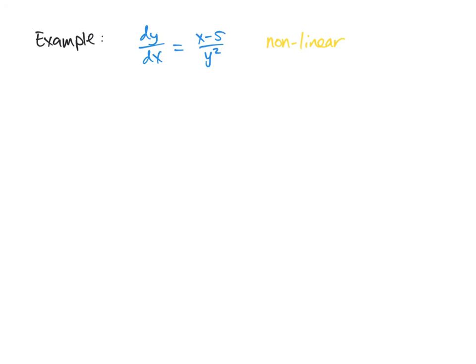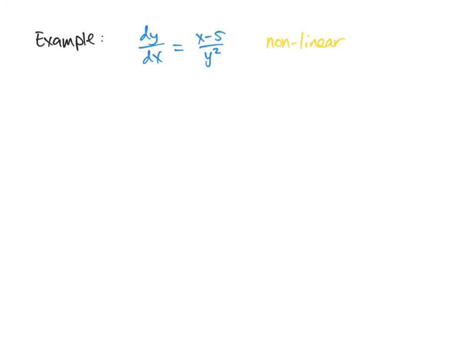If you go back to section 1 and think about the definition of nonlinear, or linear, then you'll see that this is a nonlinear equation because of that y squared in the denominator. So normally nonlinear is hard and you don't know how to solve it, but this has the special case of being a separable equation.